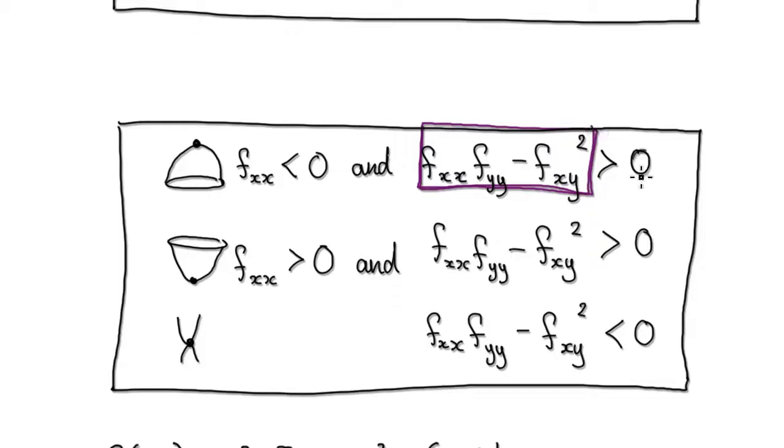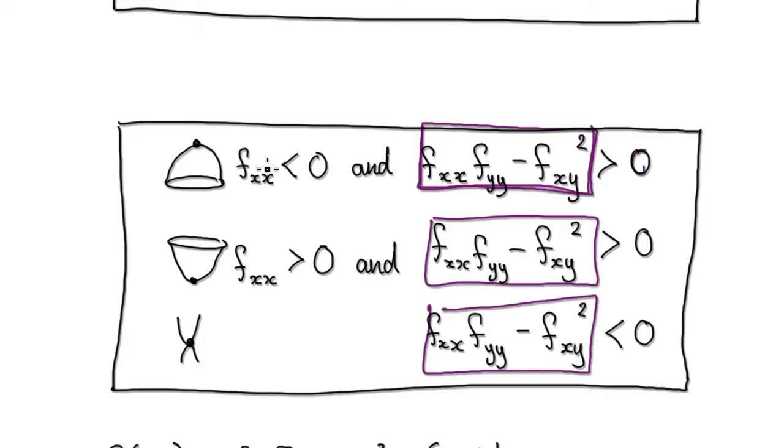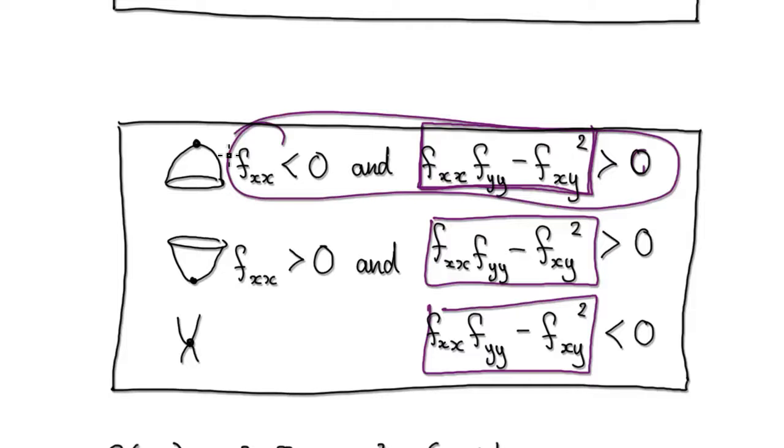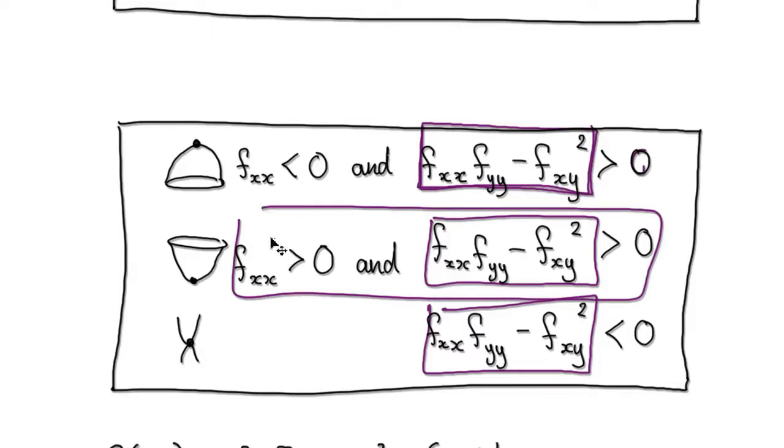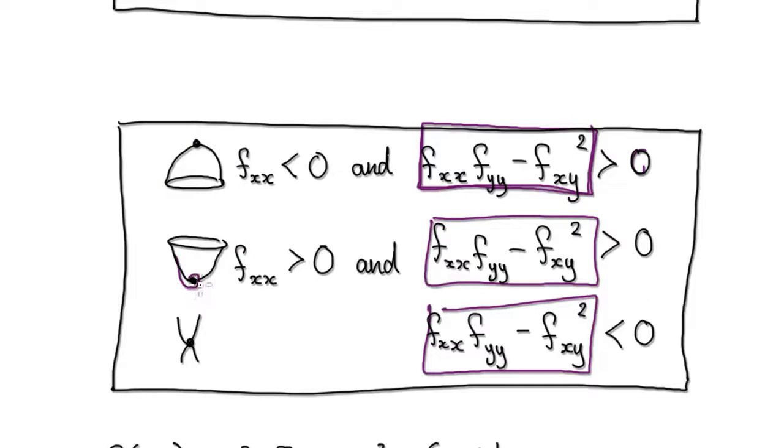If it's bigger than 0, well, all these three are the same here. You find this value here. If these conditions are true, then it's going to be a local max. If these two conditions are true, then it's going to be a local min. And then if this is true, then it's going to be a saddle point. And there's another one, inconclusive, but we're going to ignore this.